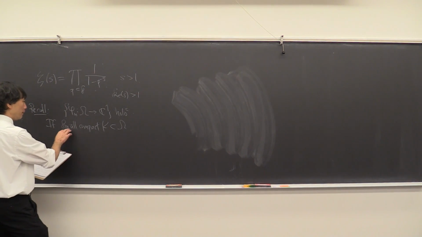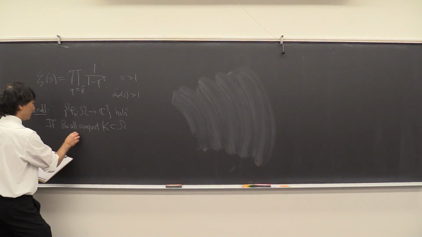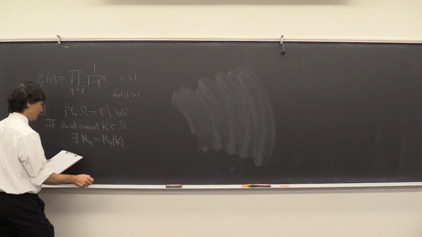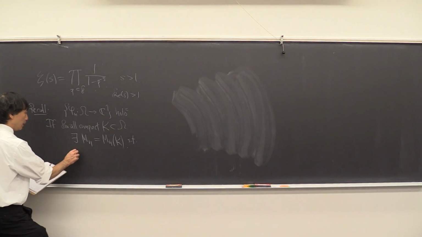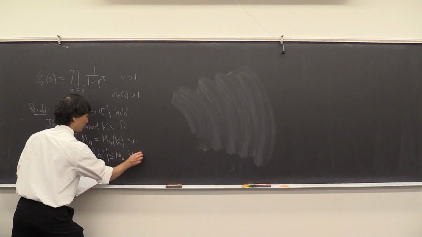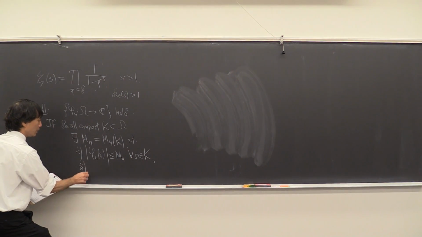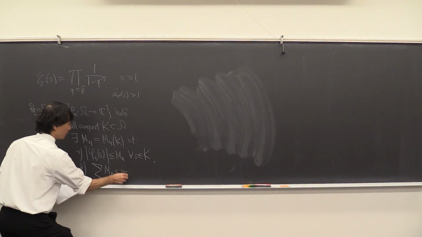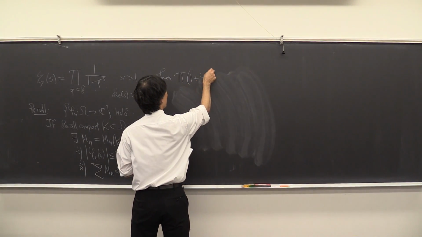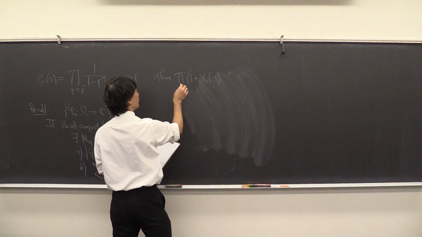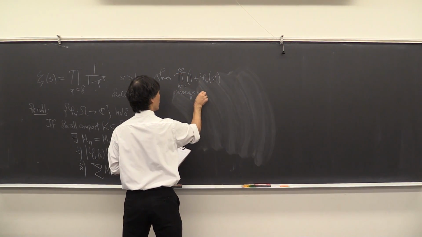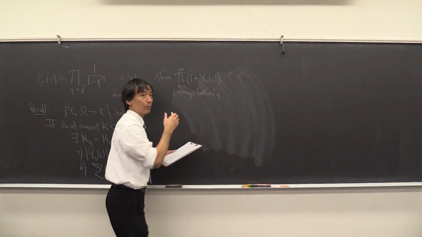So if for any compact set we have bounds M sub n that can be dependent on K, such that the functions are bounded by these bounds on the compact set, and the sum of the bounds converges, then the infinite product of 1 plus the phi sub n's converges uniformly and to a holomorphic function.